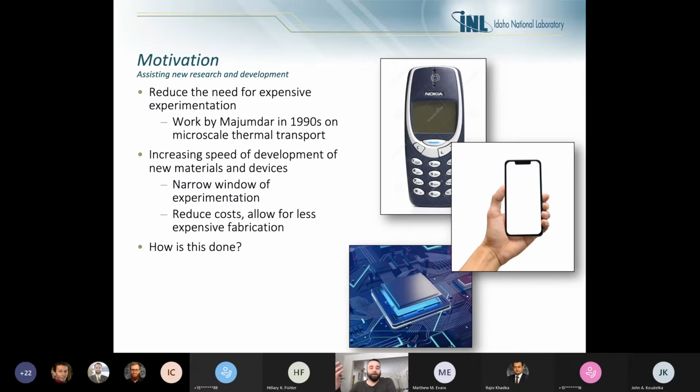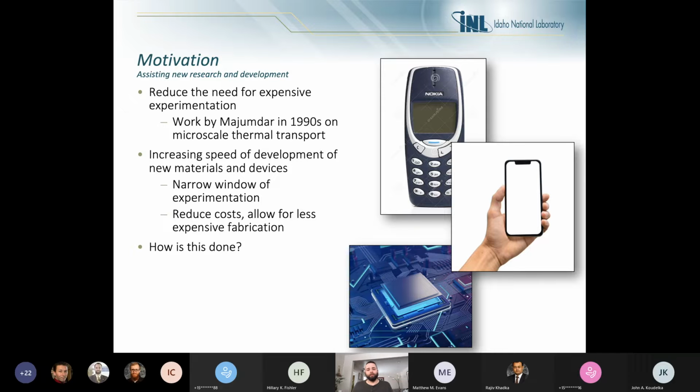Now, I'm assuming most of us have these nice, fancy, thin cell phones these days. One of the chief motivators behind this, back in the 1990s, was a man named Arun Majumdar, who's still around and still does a lot of work with one of the government agencies, I think DARPA or ARPA. But the point is, we use microscale heat transport to reduce the need for expensive experimentation.